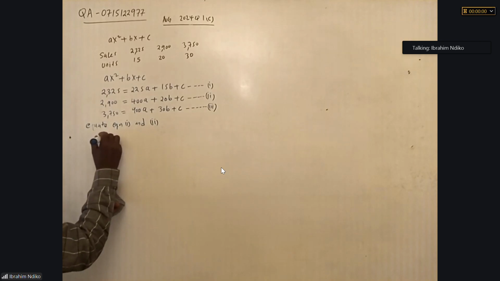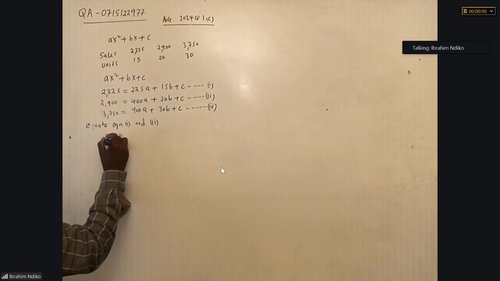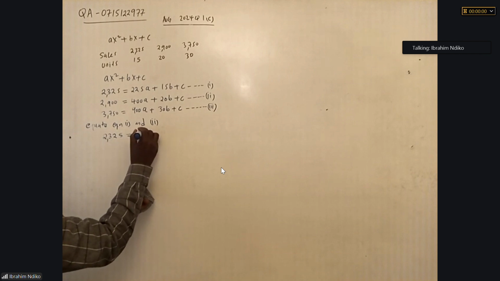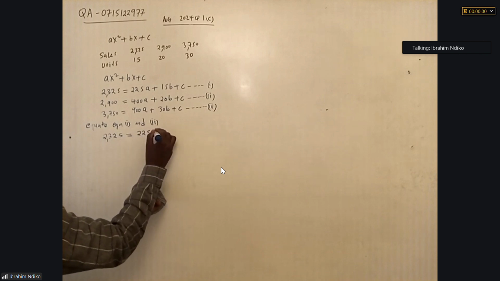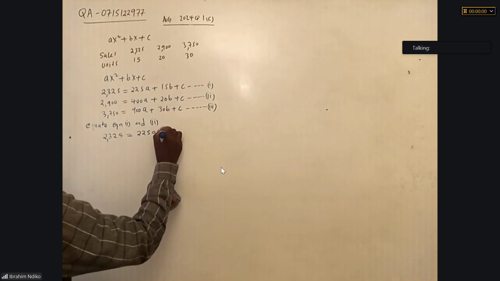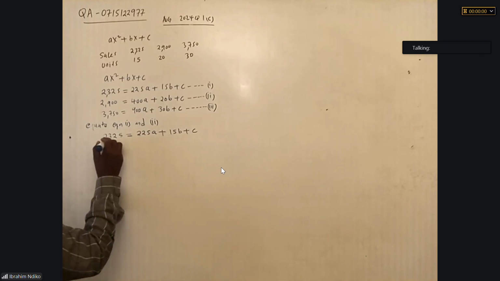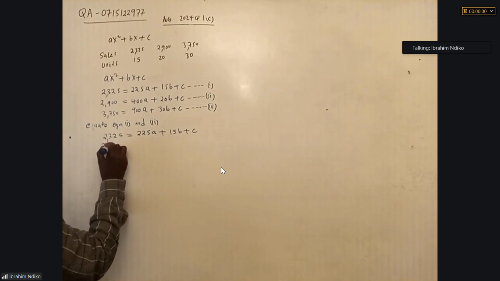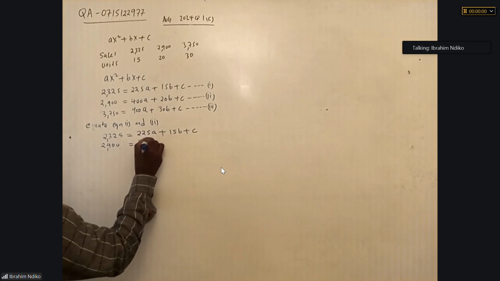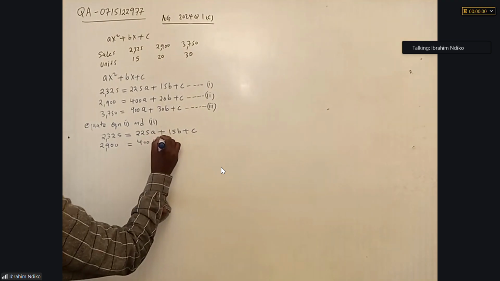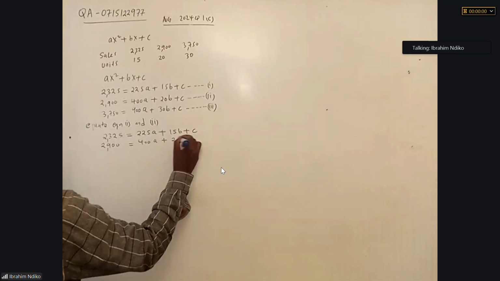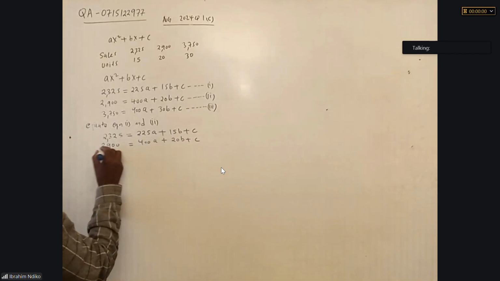So 2325 is equal to 225A plus 15B plus C. Then 2900 equals 400A plus 20B plus C. Let us eliminate.